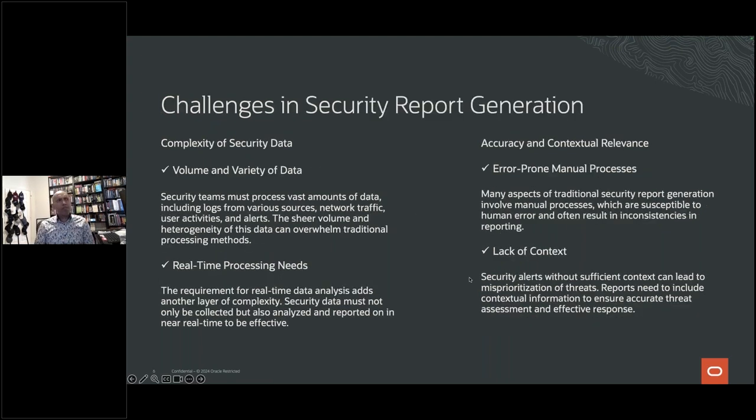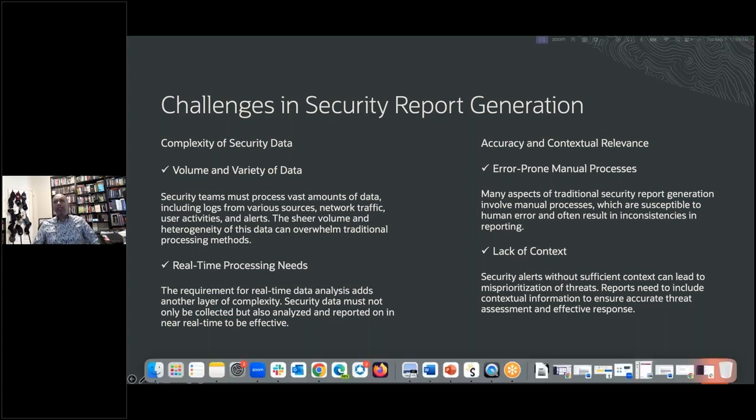So what are some of the challenges we see in security report generation, even using our everyday AI statistical models? One of the things is the complexity of security data. Security teams need to process a vast amount of data, which can be system logs, firewall logs, switch logs, and these all come from various sources.